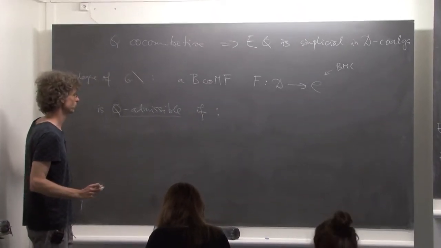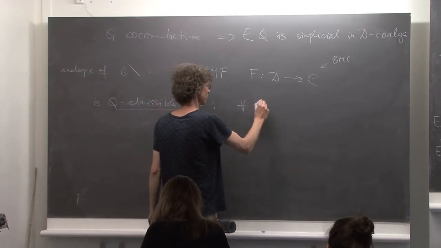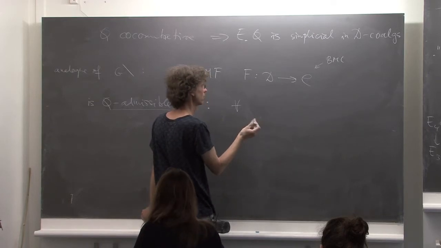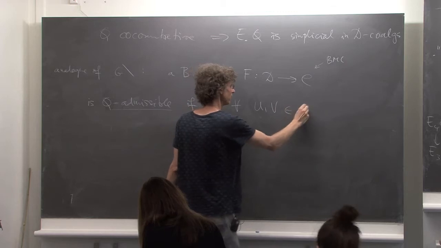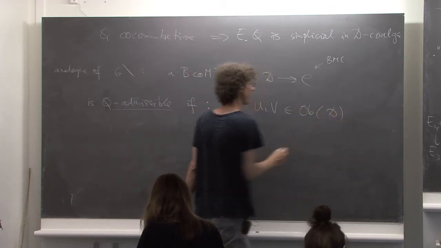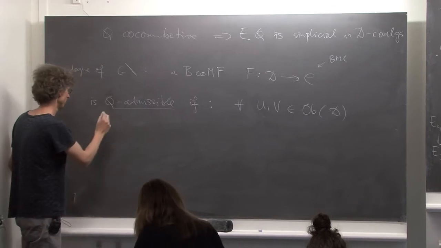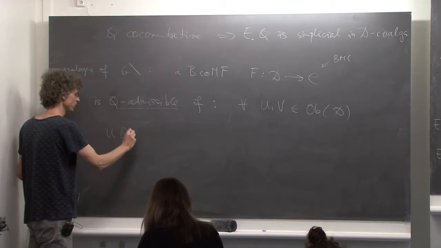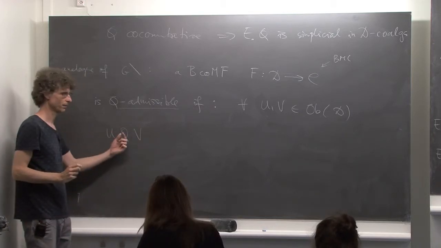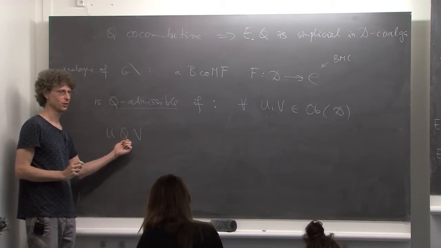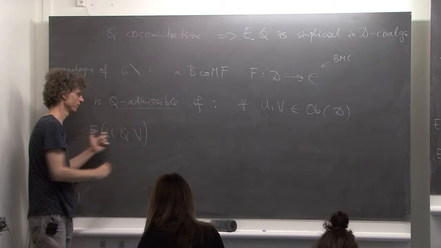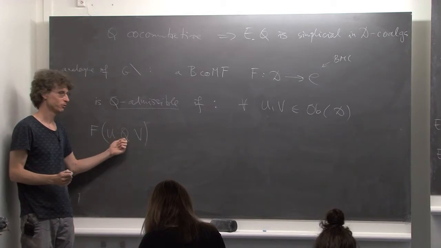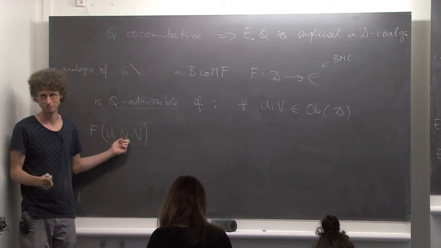So let me write down what it's supposed to be. So for every, I don't know, X was already used somewhere, U and V objects in D, I want the following thing: that if I take U tensor Q tensor V, so there is one Q, and I want to make sure that applying F kills one Q. Now this is difficult to write straight like that, but fortunately that Q can multiply itself.